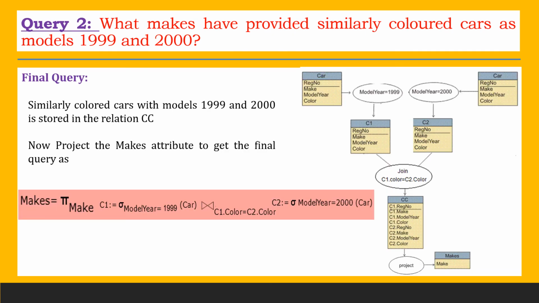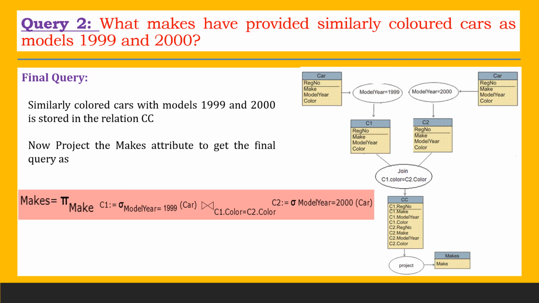Okay, fine. Now the final query becomes, we need makes only, the details of makes only. So we can make use of the project operator to get the final query as makes is equal to project operator pi make from the table CC, right? So that is the intermediate table.